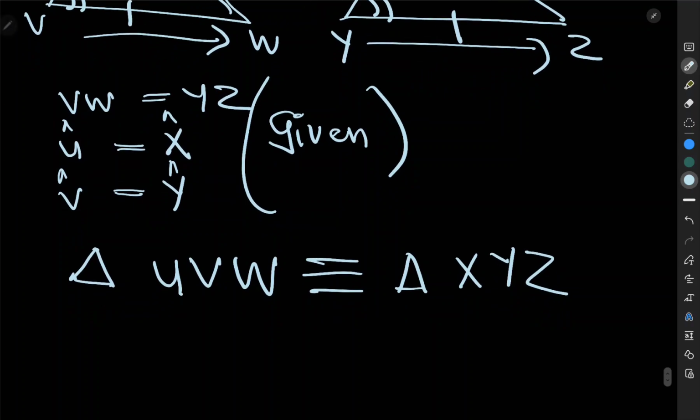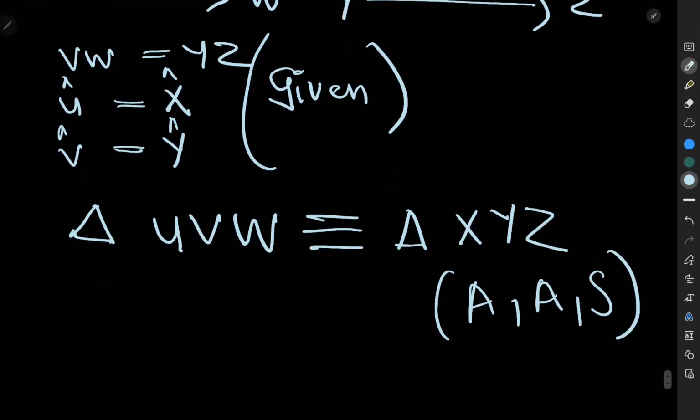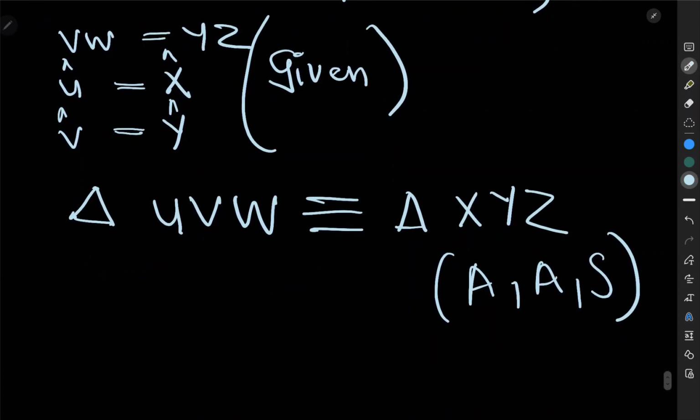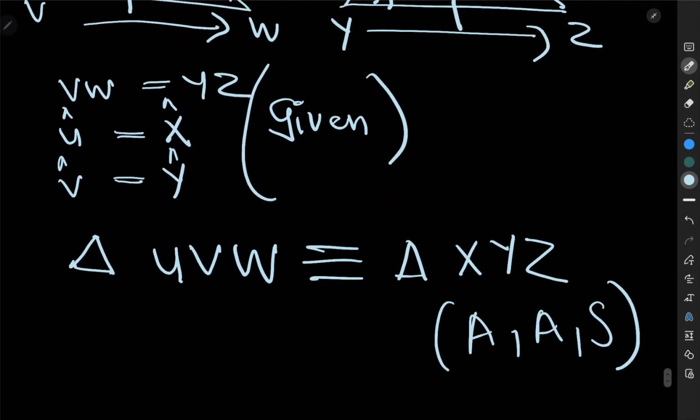So the reason for this congruency here is angle, angle, and a side. If I write that down in a neat way, it's angle, angle, side. So that's the second reason that you can give for congruency.